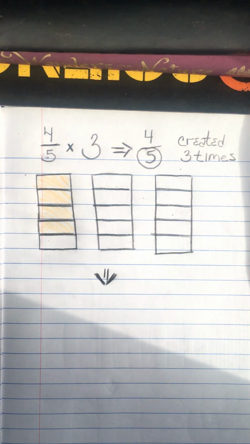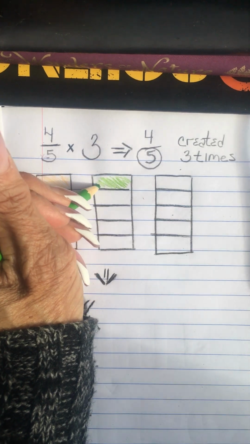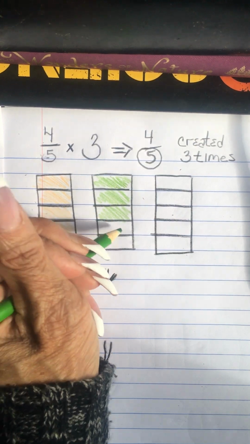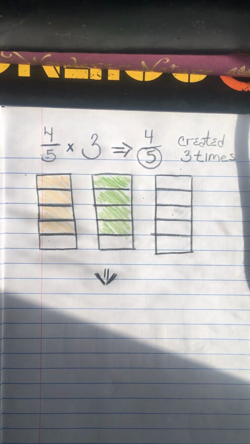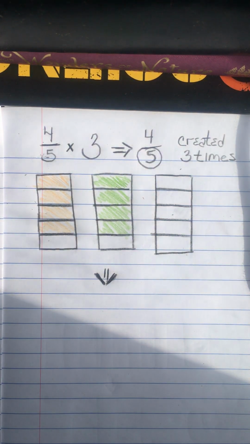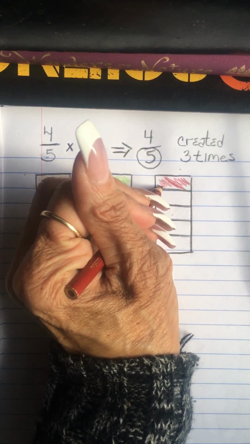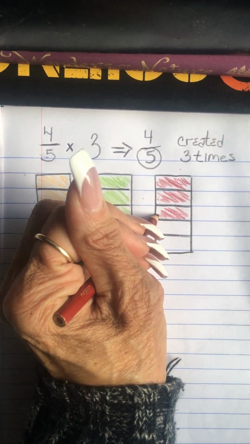For my second box, I'm going to shade in 4 of the 5 to represent 4/5. And then in my third box, I am going to create 4 out of 5 by shading in 4 of the 5 boxes.